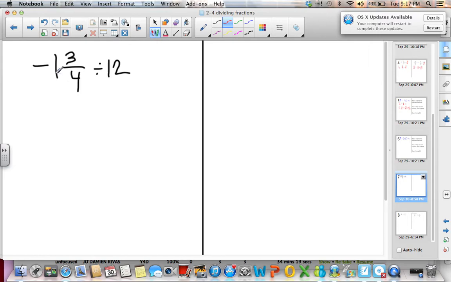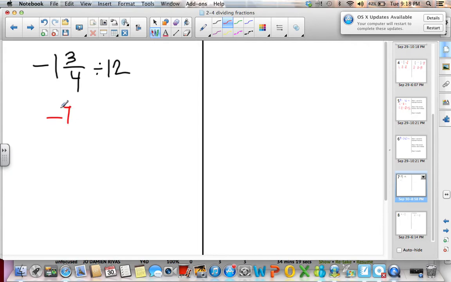Okay, another one. Negative 1 3/4 divided by 12. If you feel like you got it, pause me and try to do it on your own. If you're still confused, then follow along and do it with me. So 4 times negative 1 is negative 4 plus 3. So negative 4 plus 3 is negative 1.